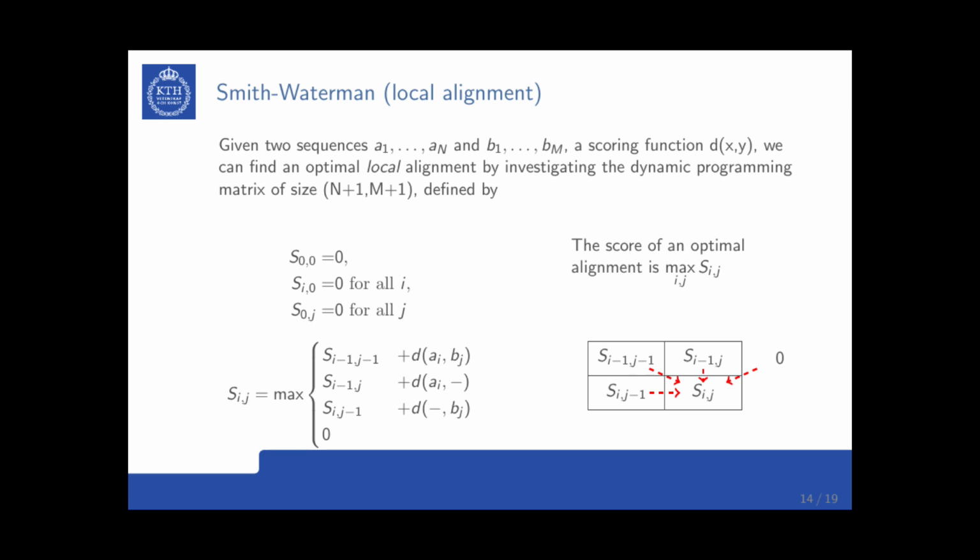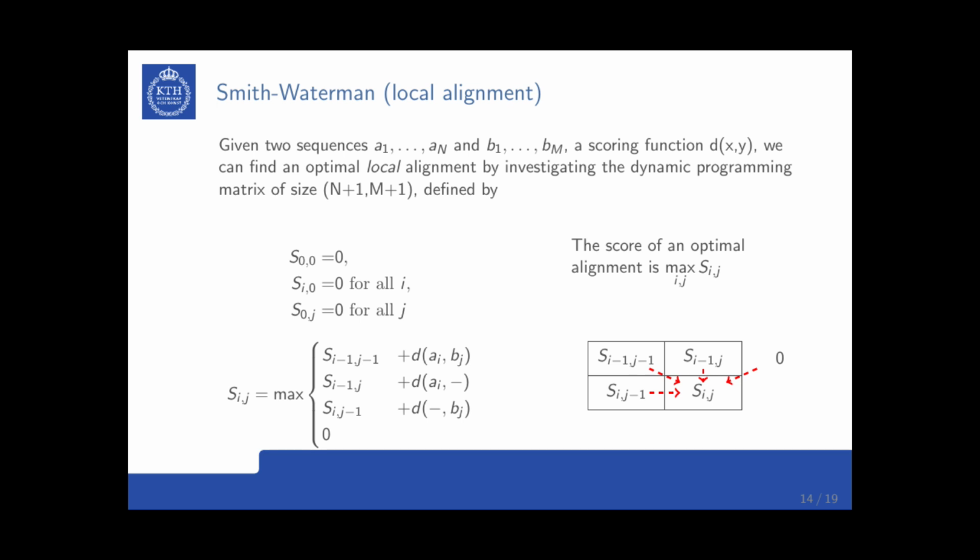So if the three options to move don't render a higher score than 0, then we instead reset the alignment and start from 0 again. And instead of looking for the bottom-rightmost position for scoring the alignment, we just select the maximal element wherever that might appear in the dynamic programming matrix S_ij.